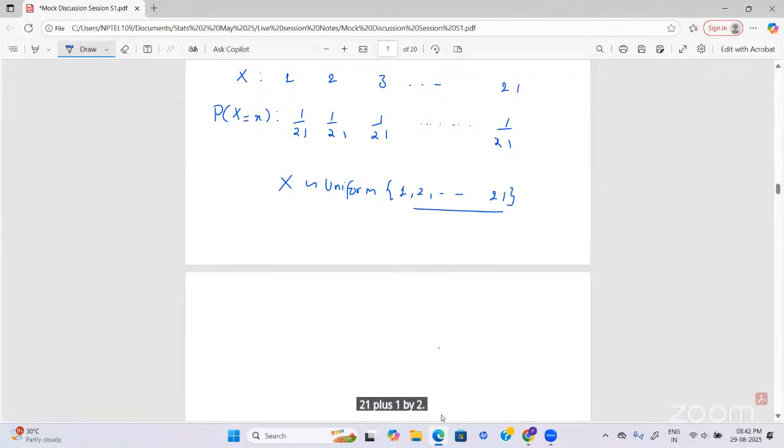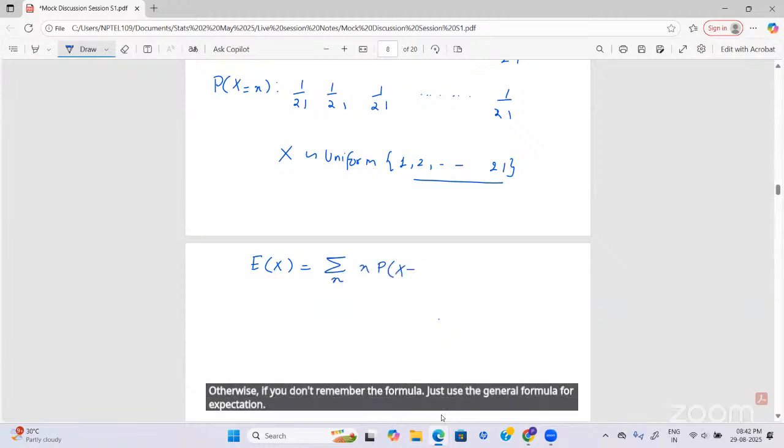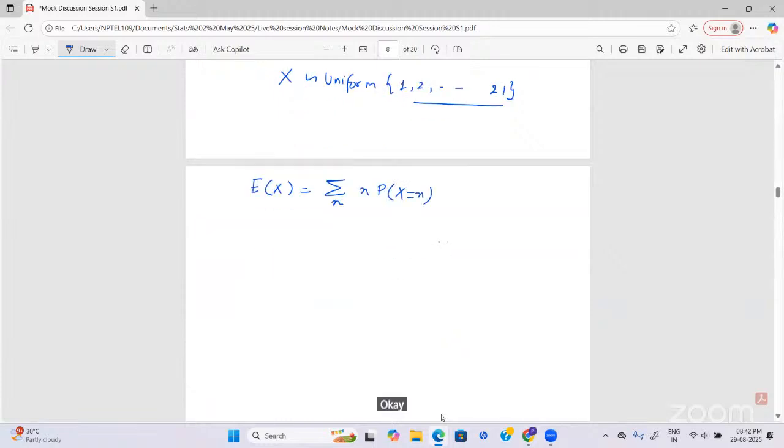If you remember the formula, you can just directly calculate. Otherwise, if you don't remember the formula, just use the general formula for expectation. The values are 1 with probability 1 by 21, 2 with probability 1 by 21, up to 21 times 1 upon 21.